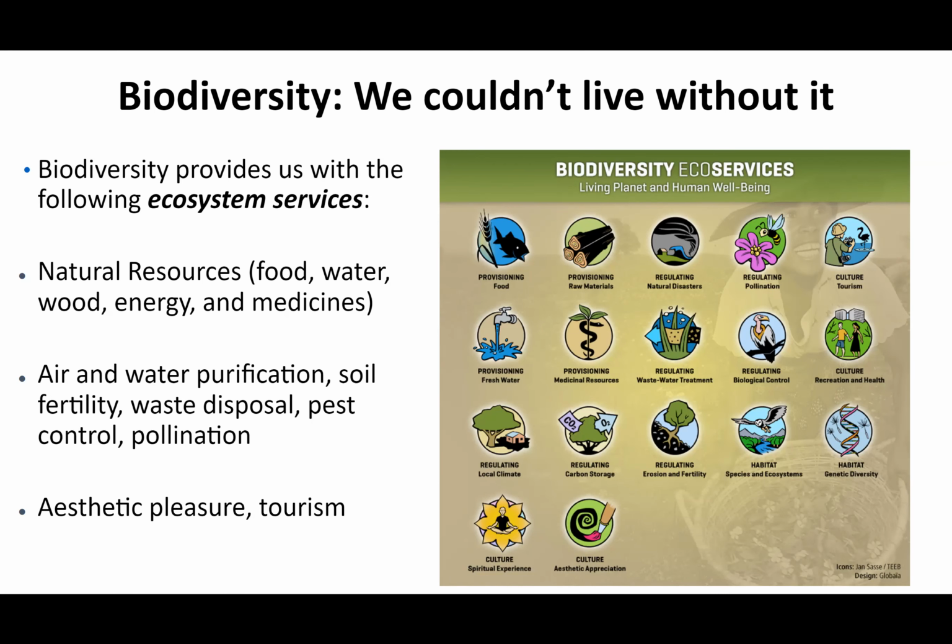So whenever we lose species, we potentially lose ecosystem services. If we think back to our example of the Florida Everglades, we changed the water flow, we lost two vibrant fisheries, the bonefish and the tarpon fisheries. We lost biodiversity in those fish, and we also lost the provisioning services that those fish provided for us, in addition to the relatively large economic value of that fishery to the state of Florida.